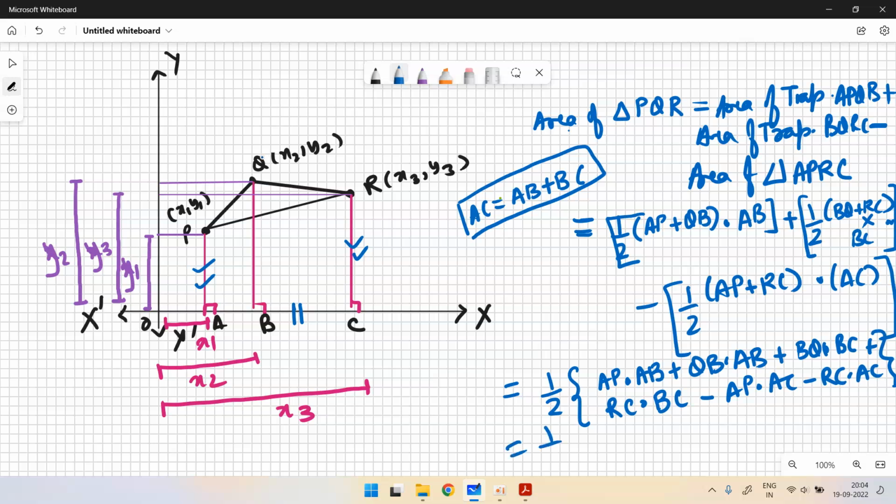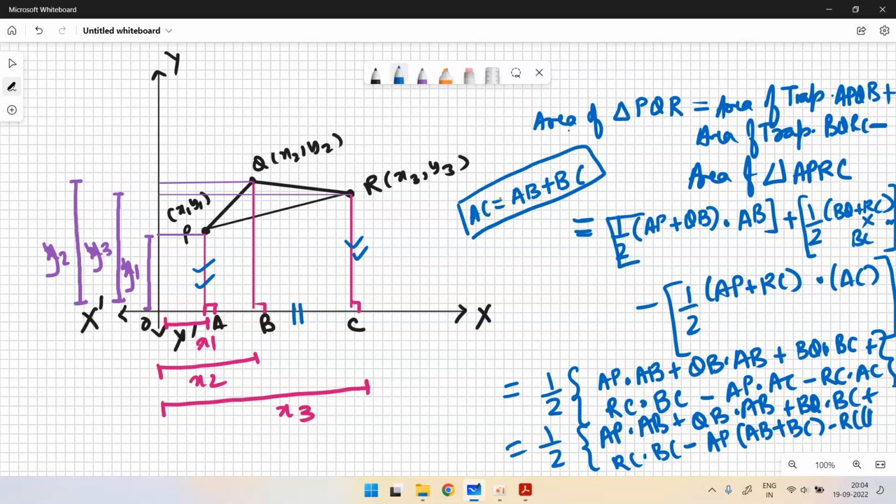This is half. This is AP into AB plus QB into AB plus BQ into BC plus RC into BC minus AP, and in place of AC you write AB plus BC, and this minus is RC into AB plus BC.